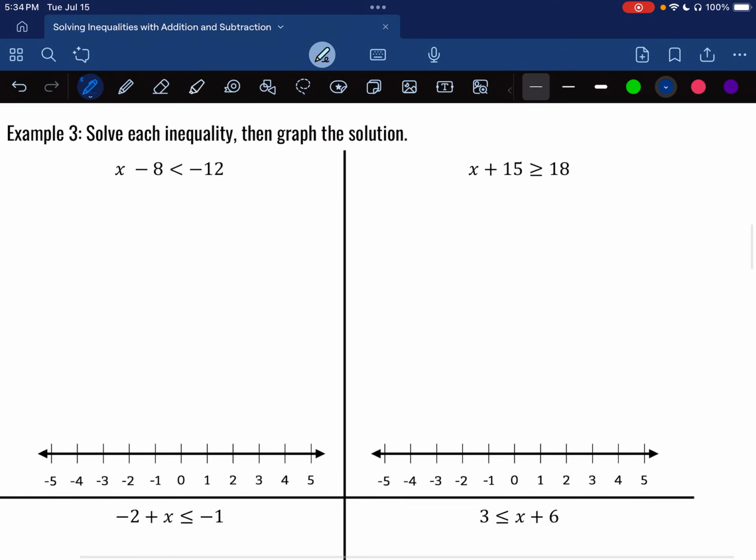All right, welcome back. So let's see what happens here. We are adding 8 to both sides. And so now what happens is that cancels. We end up with x is less than -4.